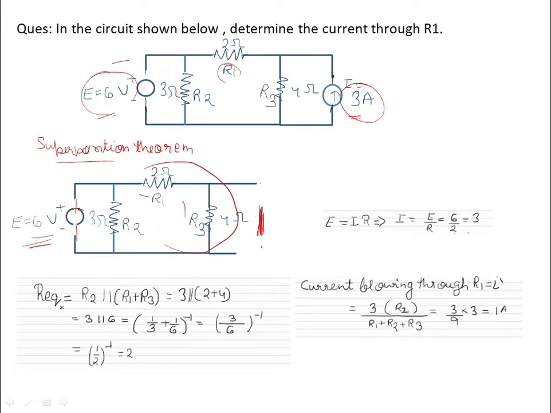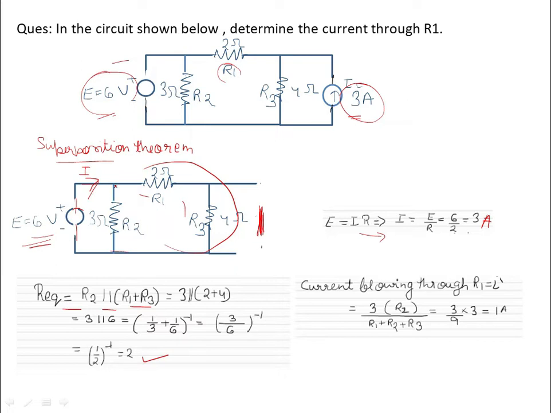So R equivalent is R2 in parallel with R1 plus R3. By putting their values, we get R equivalent equal to 2, and E is equal to IR. So I is equal to 3 ampere, and it is flowing in this direction.